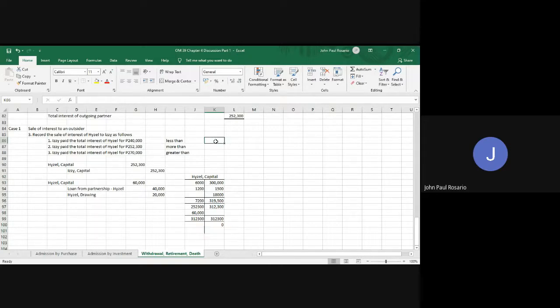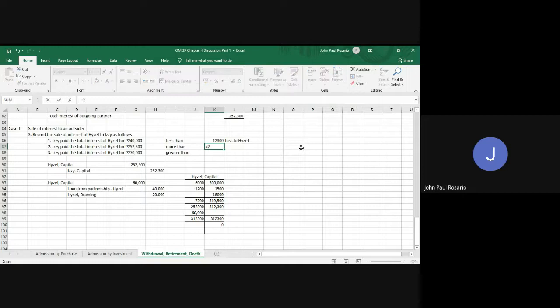So, unsa man ang kuan ani? In this case, ang nadawatan ni Hazel is 240,000 pesos only. Tapos ang worth sa iyahang interest is 252,300. So meaning nagka-loss, loss to Hazel, not to the partnership, but to Hazel.